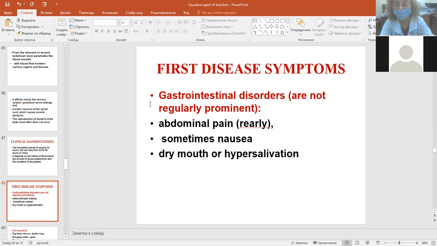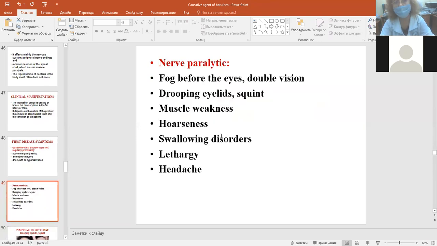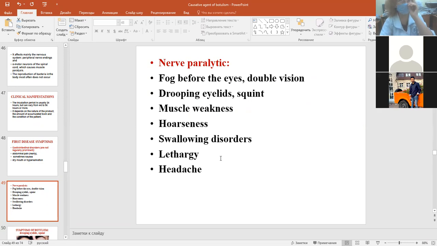Gastrointestinal disorders are not regularly prominent. Just a few patients notice abdominal pain, very rarely, sometimes nausea, then dry mouth or hypersalivation, symptoms of gastrointestinal disorders. But mainly, of course, disorders are due to the action of the botulinum toxin on synapses.